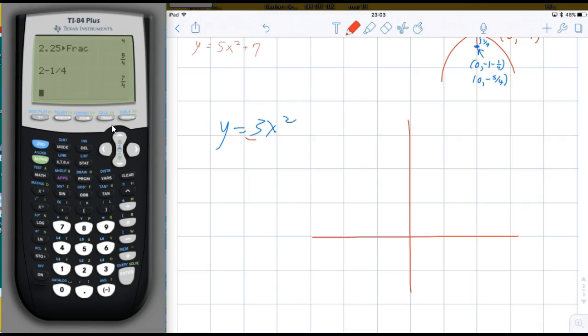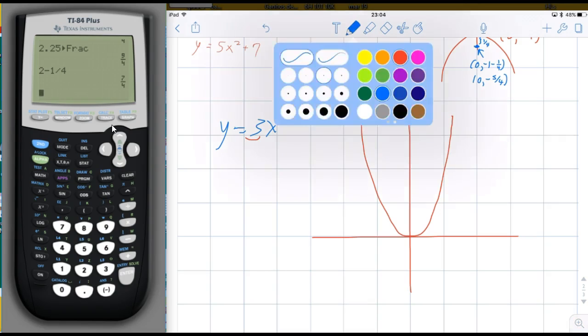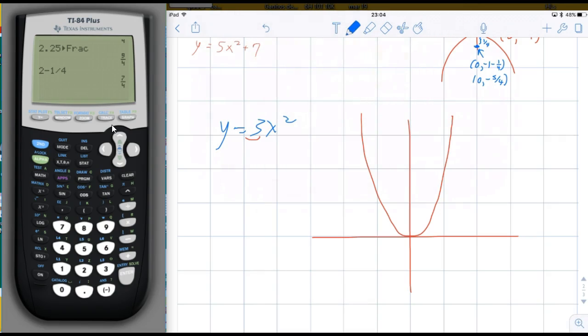Because the a value is 3. So it doesn't really matter what it looks like because we're just sketching. What would be the p-value that corresponds to an a value of 3? Well, let's put 3 in for a. We're going to get 1 over 4 times 3, which is 1 over 12. So our p-value is now 1 over 12.